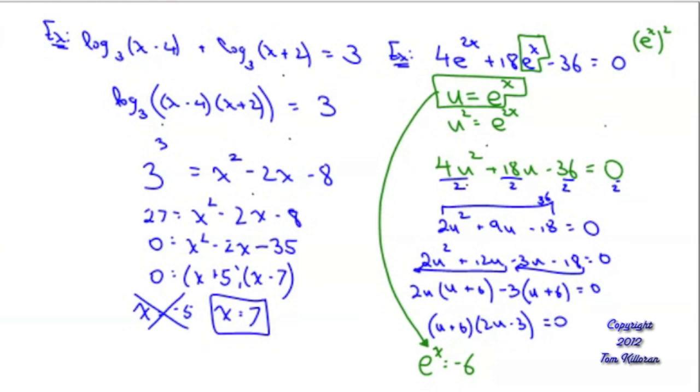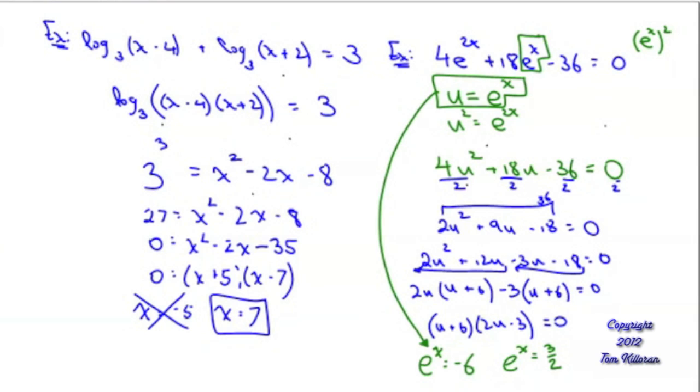This one is 3 halves, so you're going to get e to the x is equal to 3 halves. If you solve 2u minus 3 equal to 0, you get 3 halves, but u is equal to e to the x, so I'm just doing a substitution. In other words, I'm running out of room and I want to get to the answer.